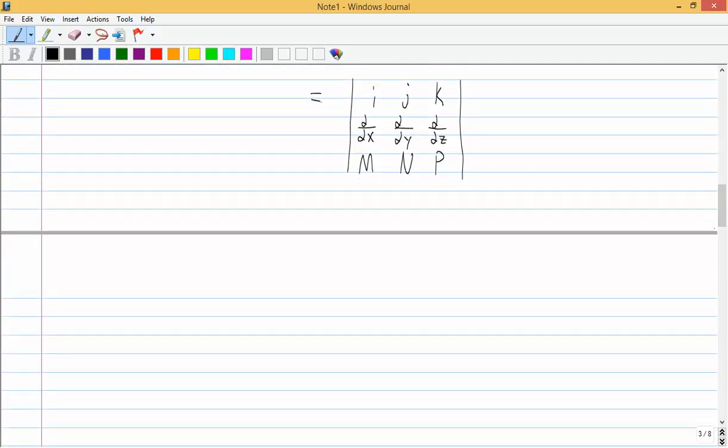Okay. So let's find the curl of the vector field.